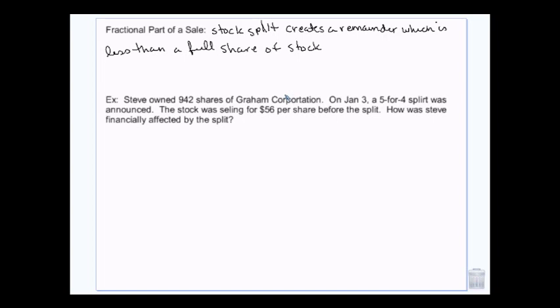Well, that means I have my 15 divided by 2, so now I have 7.5 shares of stock. I can't own 7.5. You can't own parts of a stock, just like you can't have half a kid. You've got a whole kid or you've got no kid. You have a whole stock or you've got no stock. You can't have parts of stocks running around. So what happens when this happens is that corporations buy up the remainders.